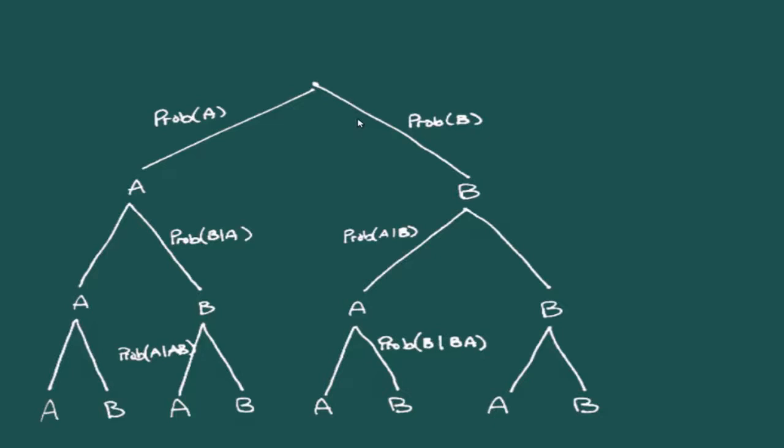Likewise, if we go down through the path B, A, B, then that leg at the very bottom gets labeled as the probability of B given that we have passed through B at the very top and A on the next level. And that's how we're labeling these conditional probabilities through the tree.